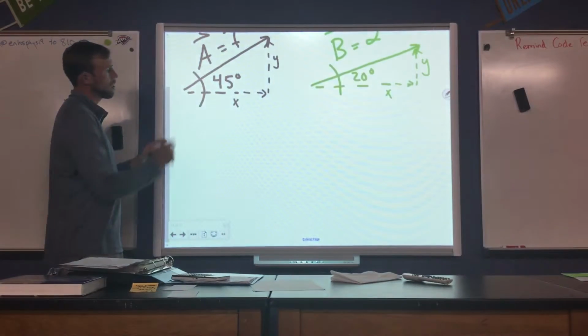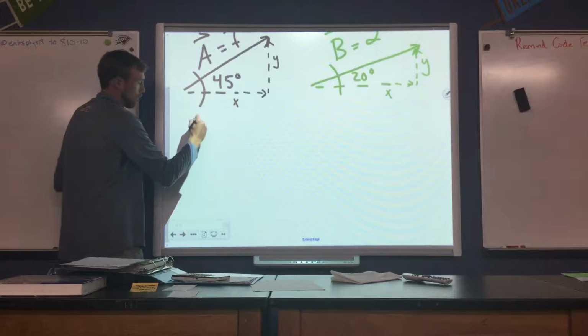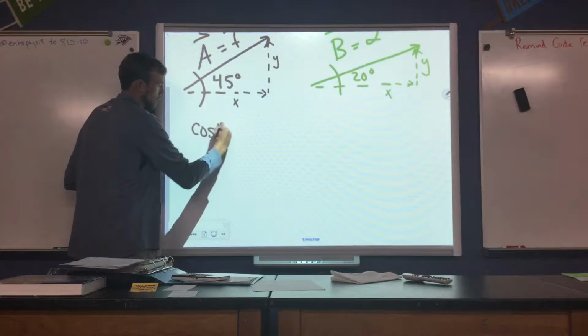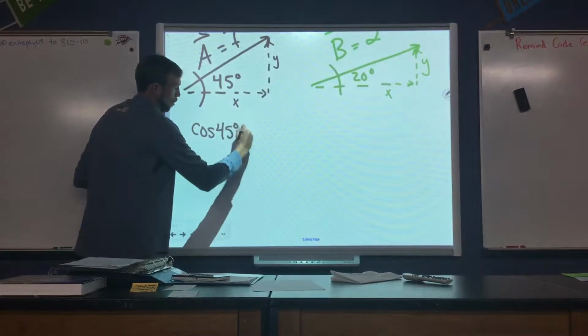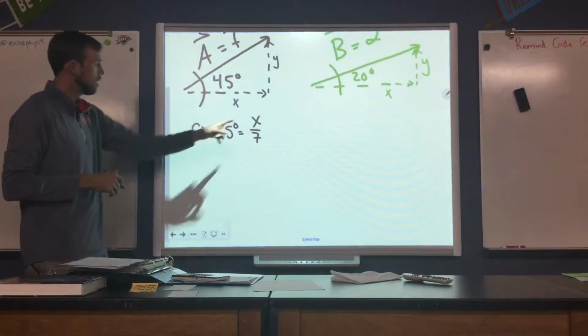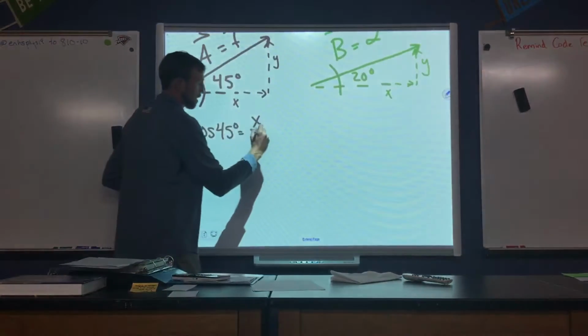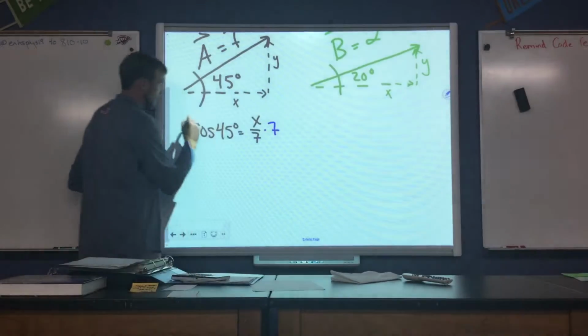To find the x component, that means it is adjacent. We know our hypotenuse. So adjacent and hypotenuse means we need to use cosine. So cosine of 45 is x over 7. I'm going to work through this a little quick. To get 7 to the other side of our equation so we can get x by itself, I've got to multiply by 7.